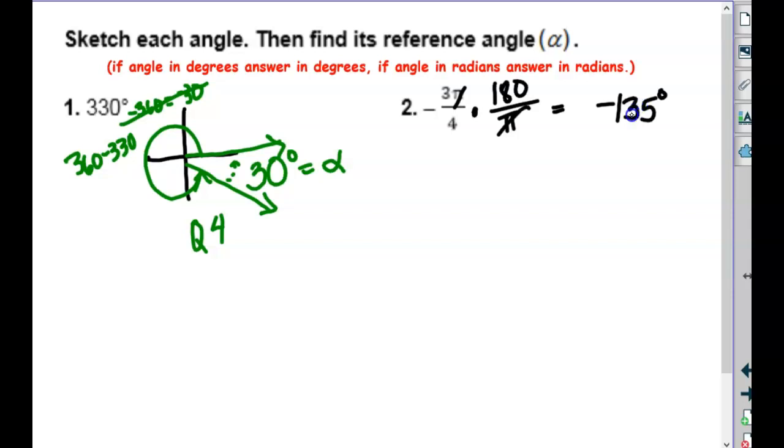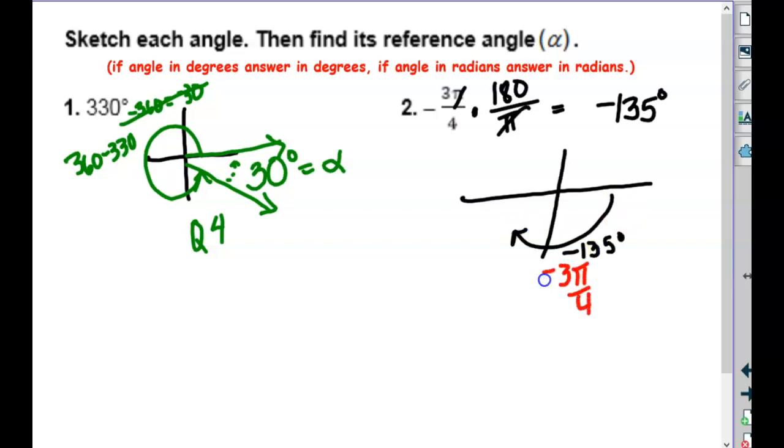It's taking the fraction and taking away pi or 2 pi? Yes. Okay. So negative 135 is down here. So we're actually supposed to label it, I guess, negative 3 pi over 4. But what we need is this angle.